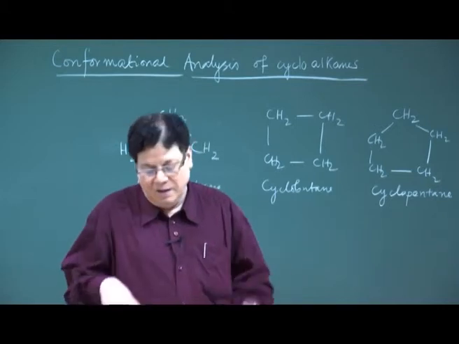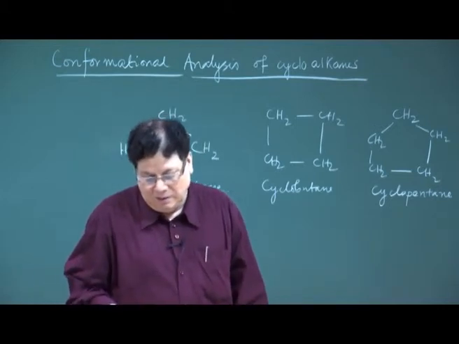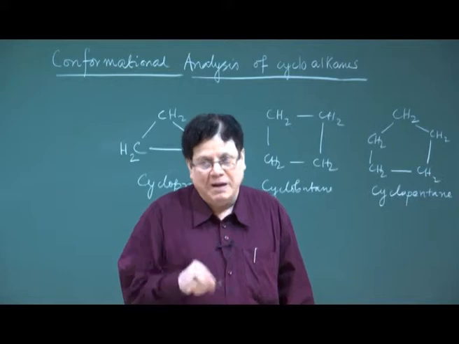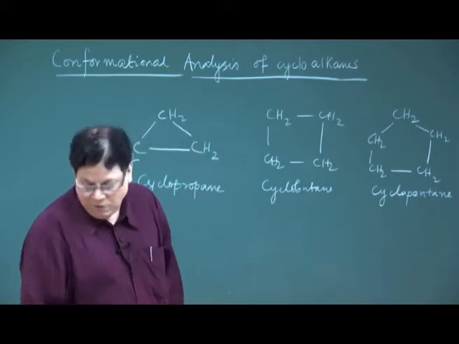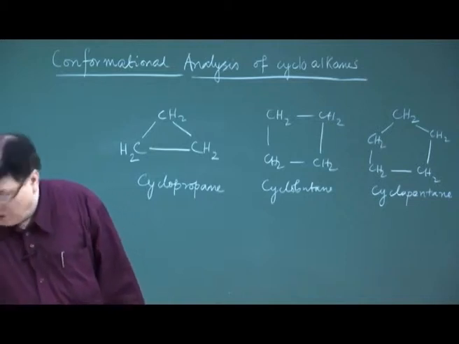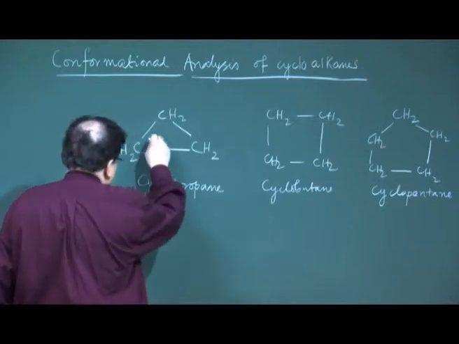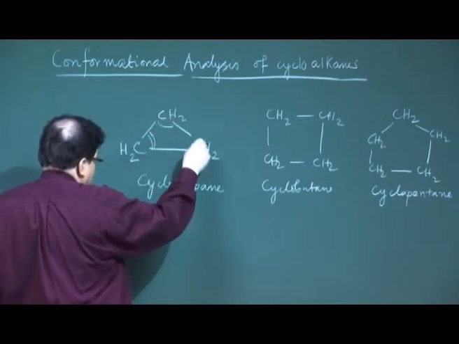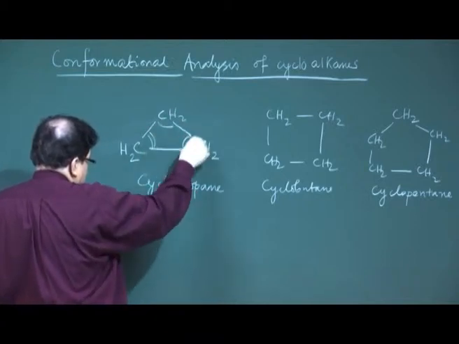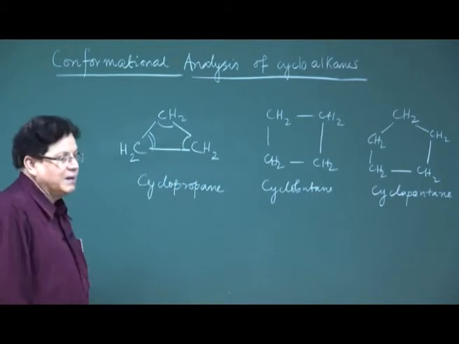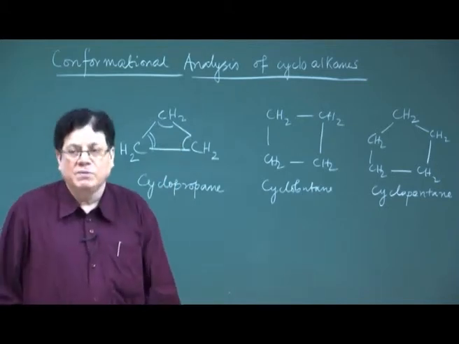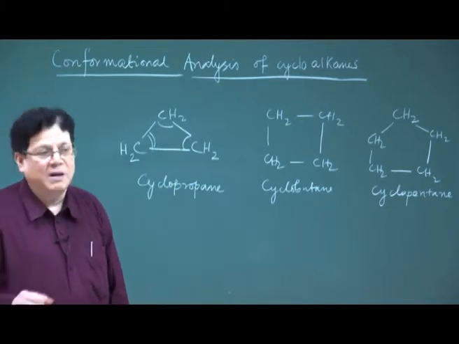And if it is planar, then what happens? There is a question of what is the angle between the carbon-carbon bonds between the 3 carbons. What are the bond angles then, if it is a flat cycle?